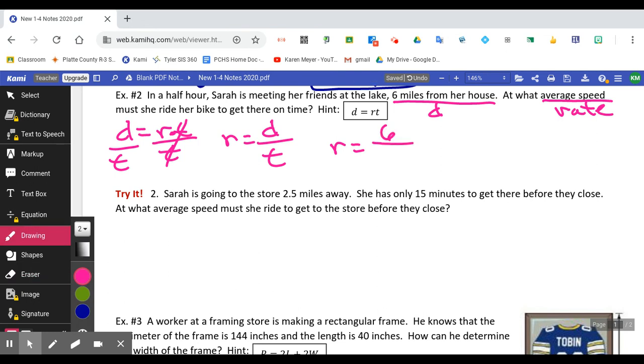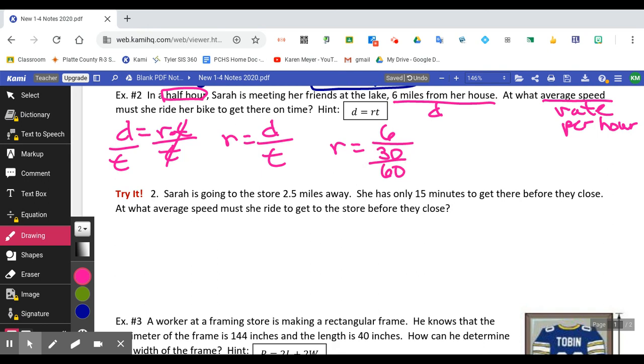Now the time it says is a half hour. A half hour is 30 minutes. And for an average speed, it's always per hour. So we take the half hour, which is 30 minutes, but I have to put it over 60 because rate is considered per hour.